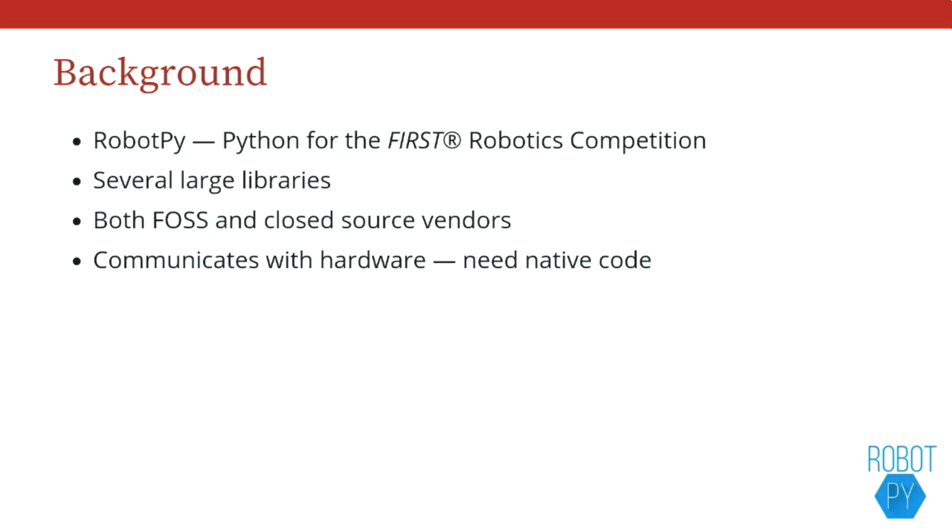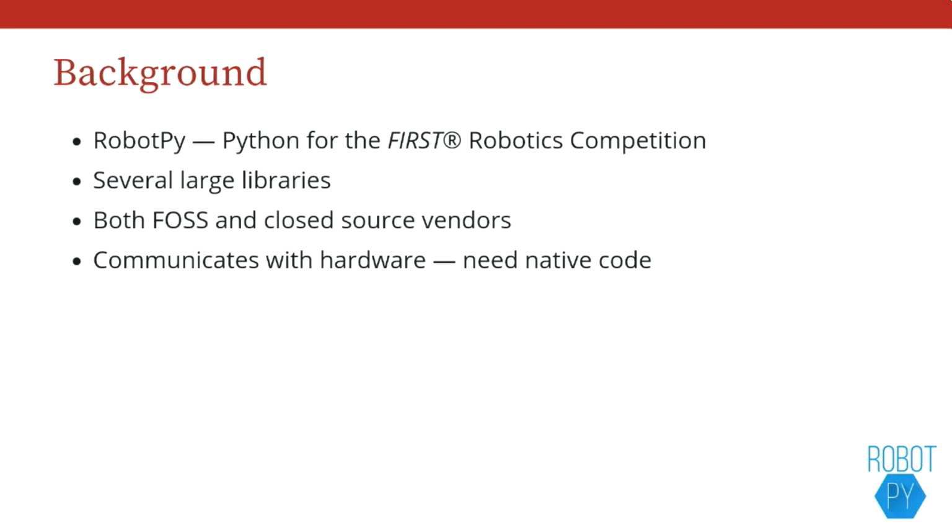This is the sort of problem that we had with RobotPy, which is a project to bring Python to the FIRST Robotics Competition. We have to deal with some reasonably large libraries, both open and closed source, because they do actually have to communicate with hardware. So we need to be able to call native code at some point.